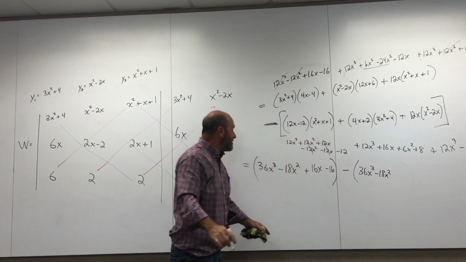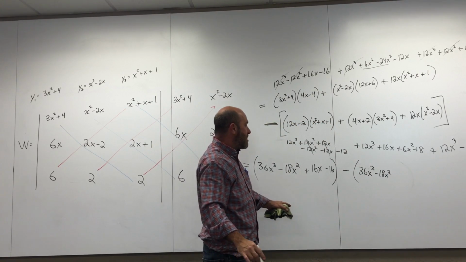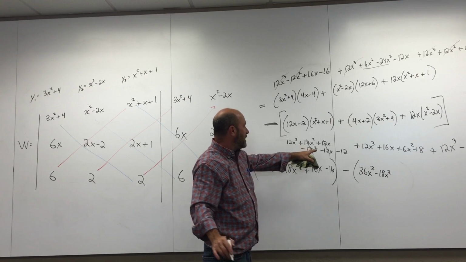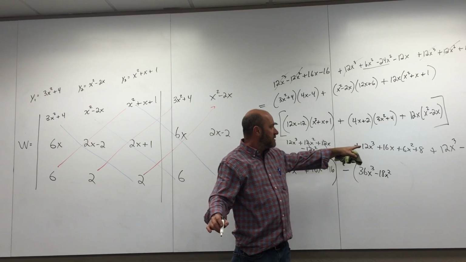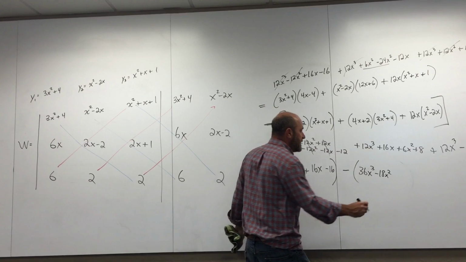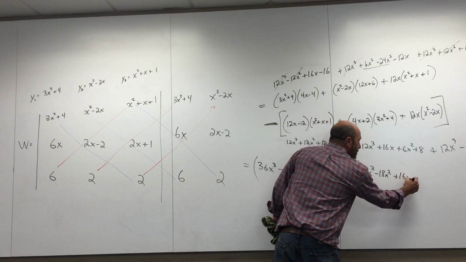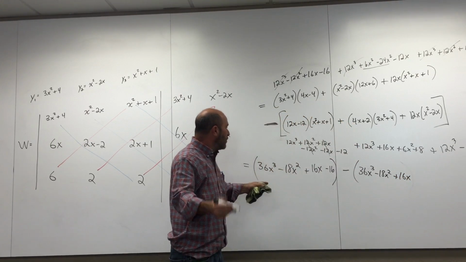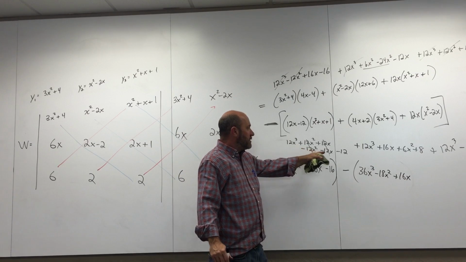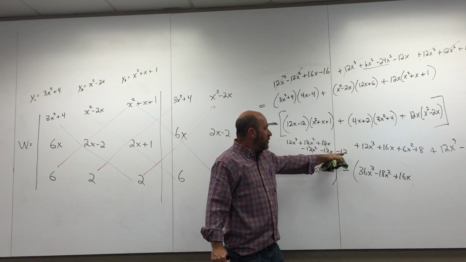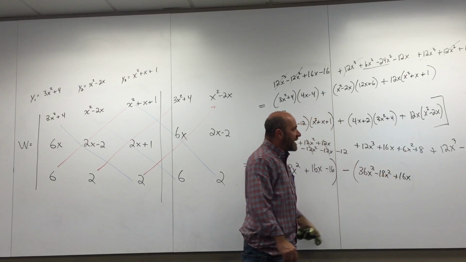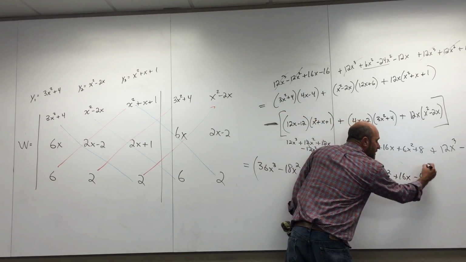What else do I have? What about my plain old x's? A 16x? I think I got a 16x. What about my plain old numbers? Negative 12 and an 8. I think I got a negative 4. This is amazing.